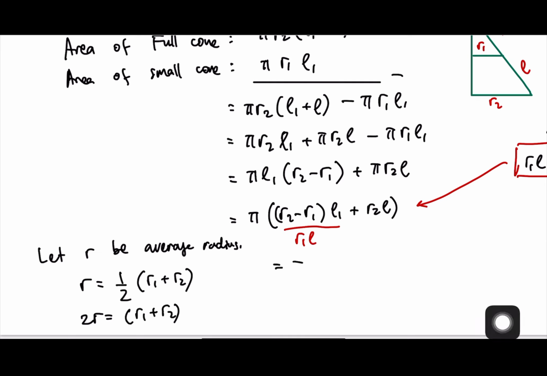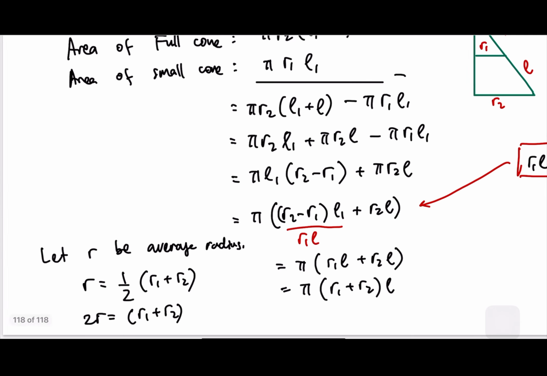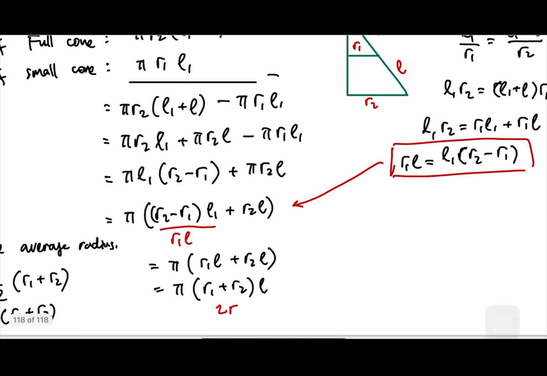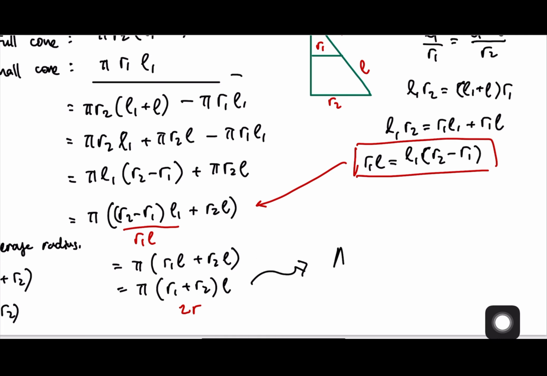Now this will be pi R1 L plus R2 L, or pi (R1 plus R2) L. And if this is 2R, our area will be 2 pi R L, and this will be the surface area of the frustum.